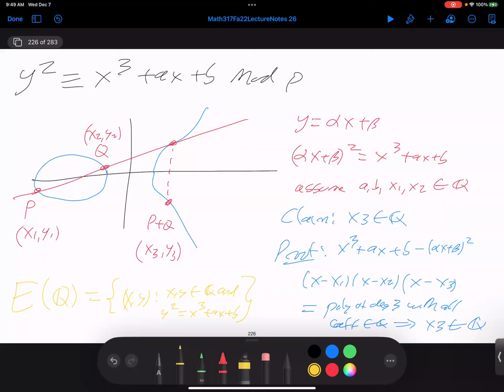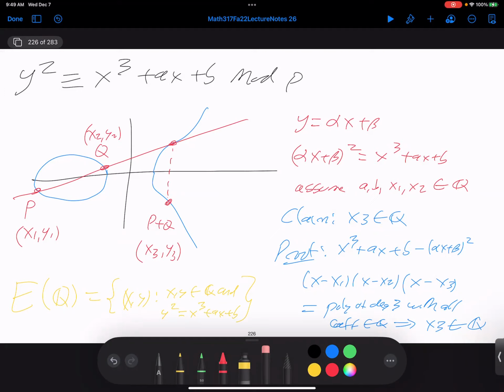There are 4 things that have to be true to be a group. The first is closure. You take 2 things in the space and combine them, you get something in the space. Well, that's what this group law does here. The next one is you have to have a zero element. It turns out there's a zero element. It's a little bit hard to see. It's what's called the point at infinity. It's basically just going straight up. The next one is that you have to have an inverse to everything.